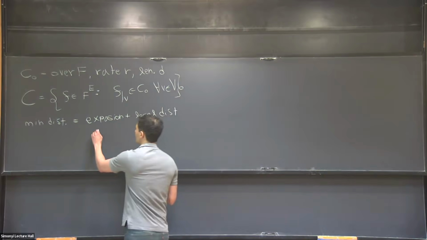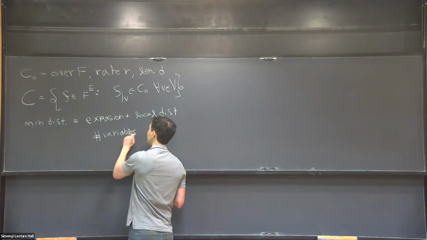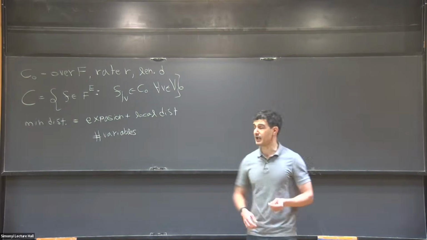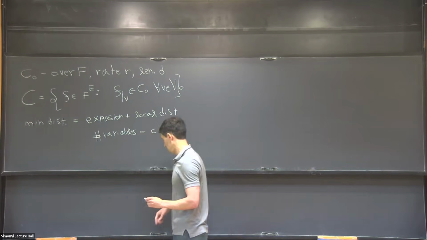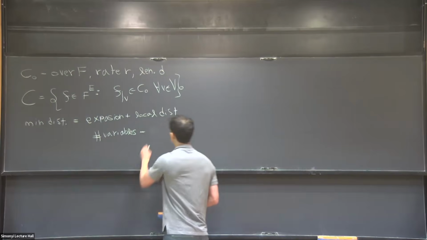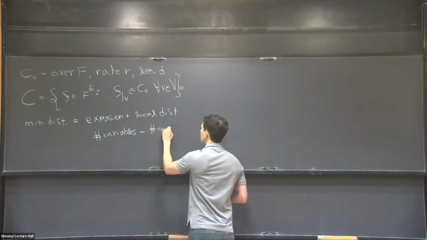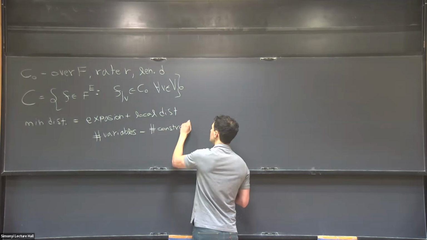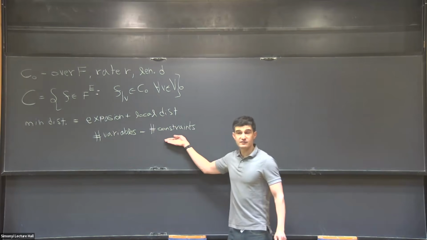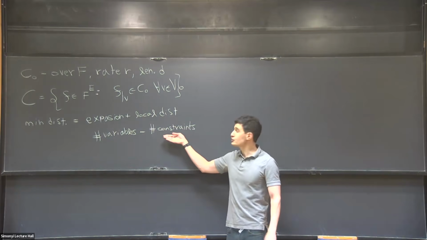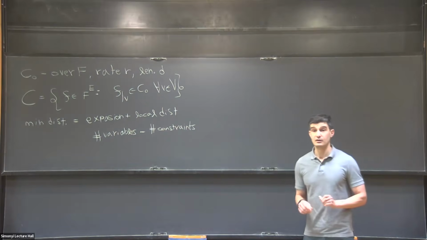If you count the number of variables, which is the length of the code, and you subtract the total number of constraints, and this is positive, then we know that there is a non-trivial solution to this set of linear equations. The constraints are not necessarily linearly independent.